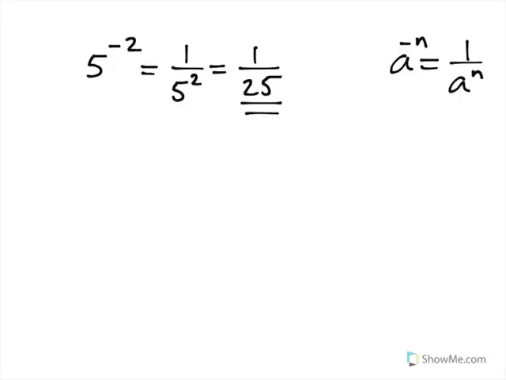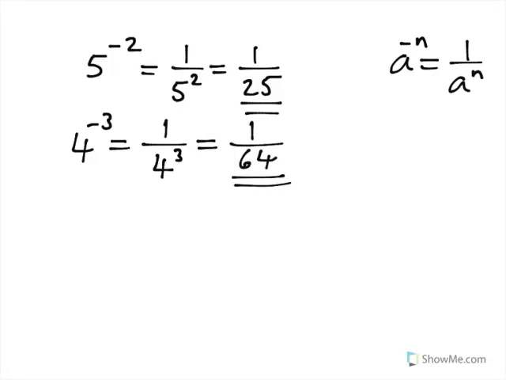Okay? So if we do something like 4 to the negative 3, it's 1 over what? 4 cubed, which is 1 over 4 times 4 is 16 times 4 is 64. What about 10 to the negative 4?